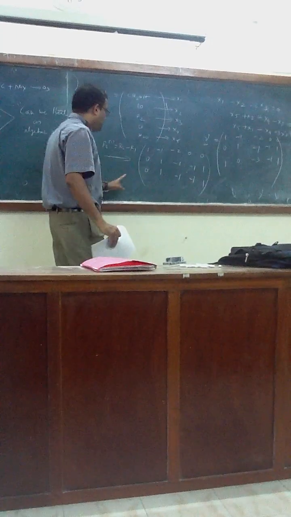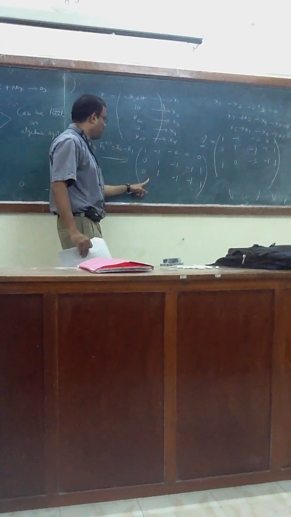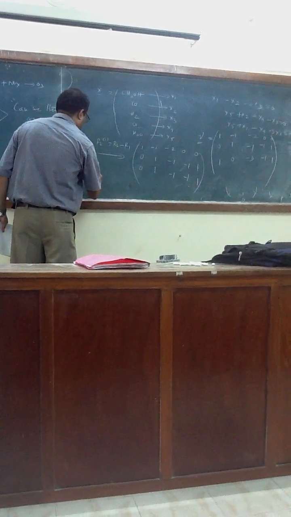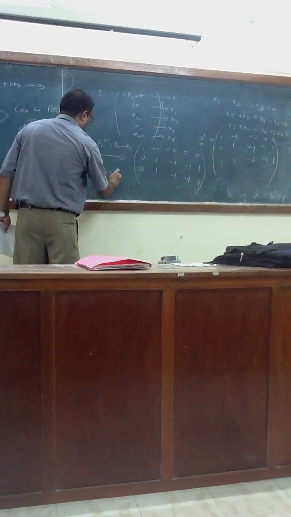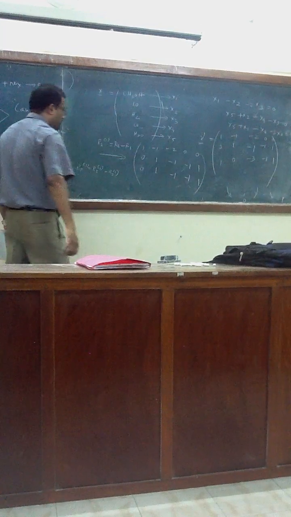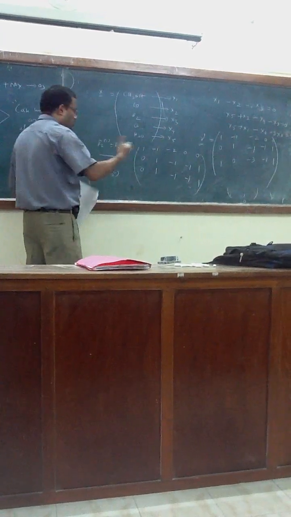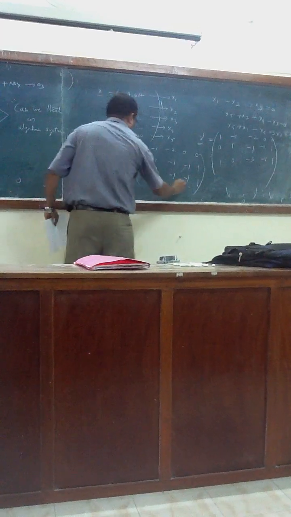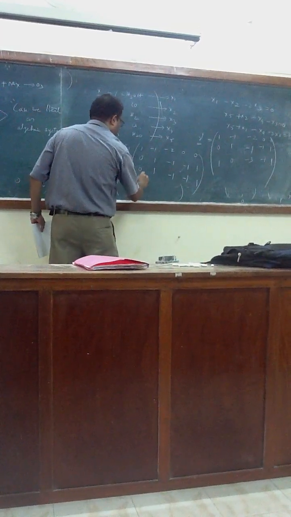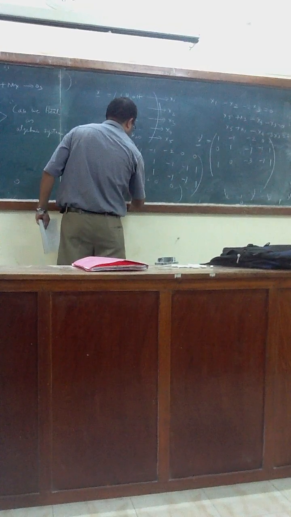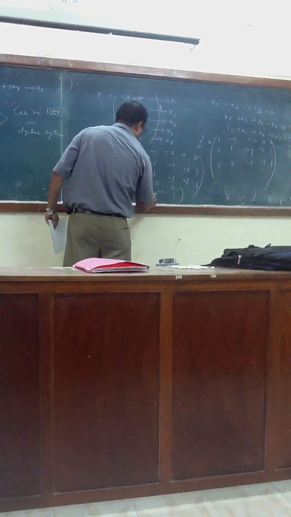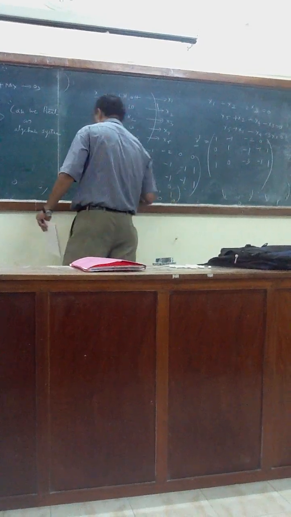Next, R32 will be R31 minus R21. R21 equals R2 because this has not been changed. So we have 1, minus 1, minus 2, 0, 0; 0, 1, minus 1, minus 1, 1; and 0, 0, 0, 0, 0.